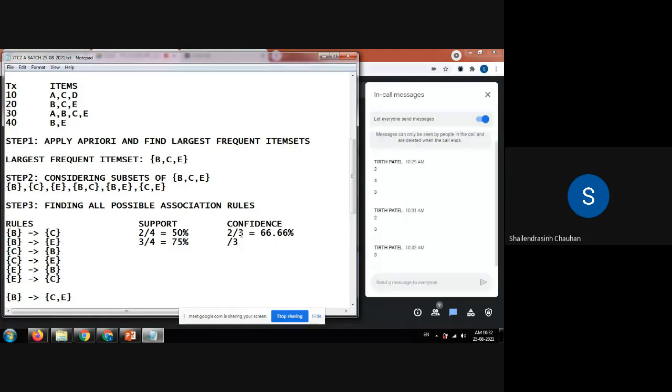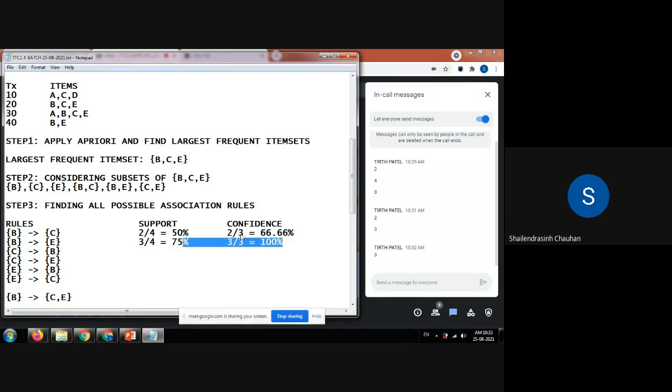B and E exactly. B and E is there in 20, 30 and 40. All 3 transactions you are having B and E. Here you can say 100% confidence.